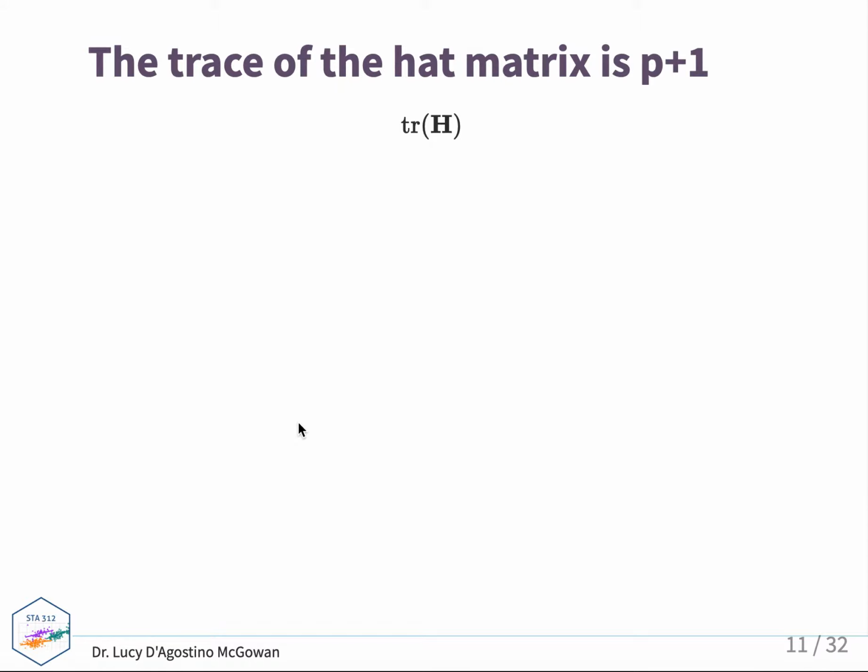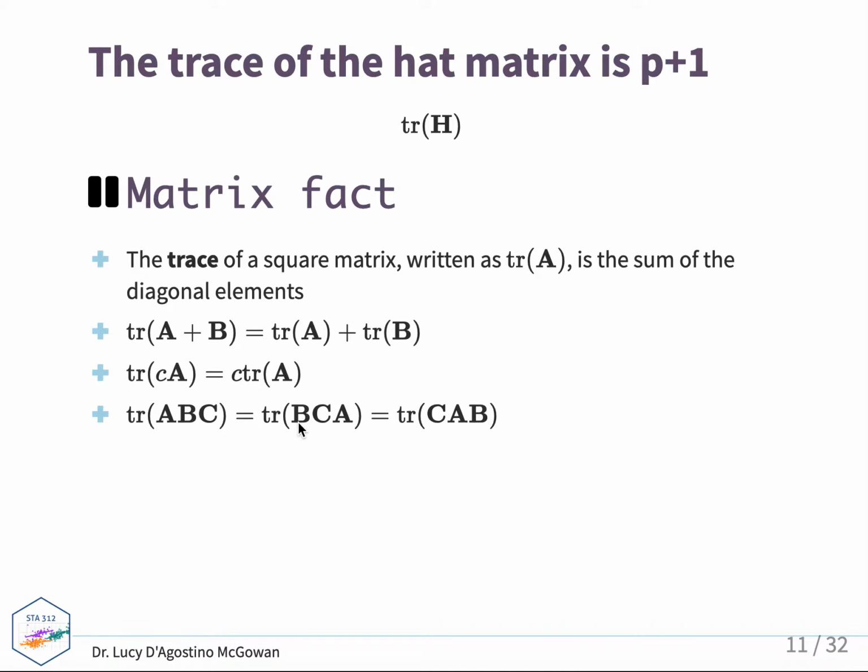Okay, so the next fact is that the trace of the hat matrix is P plus 1. So let's go through why that would be true. Here are the matrix facts that I showed before about traces. The trace of a square matrix is written as the trace of A, and it's the sum of the diagonal elements.